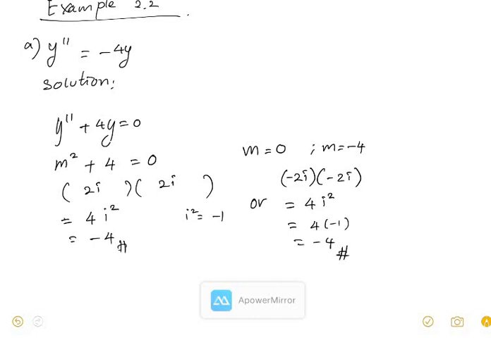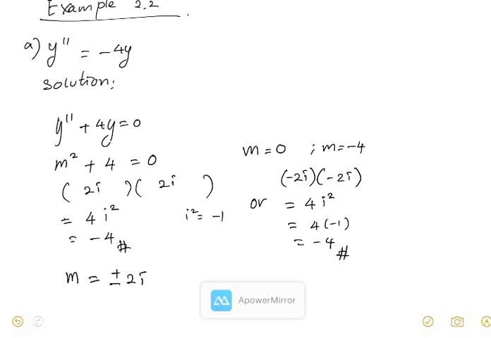If you want to factorize it, m equals 2i or negative 2i. So now you know that m is equal to plus minus 2i.